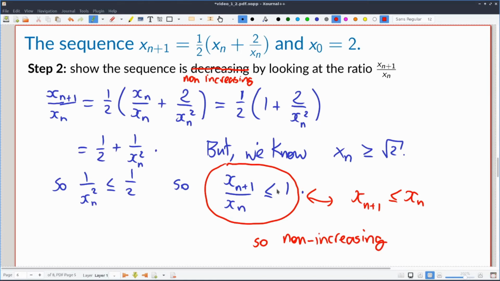And that's then step 2 of this problem. And now we're going to look to move on to step 3.